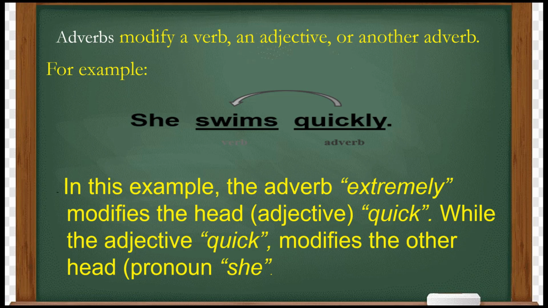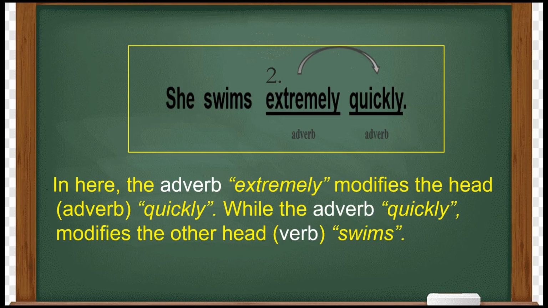Next example, she swims extremely quickly. In here, the adverb extremely modifies the head, which is the adverb quickly, while the adverb quickly modifies the other head, the verb, which is swims.